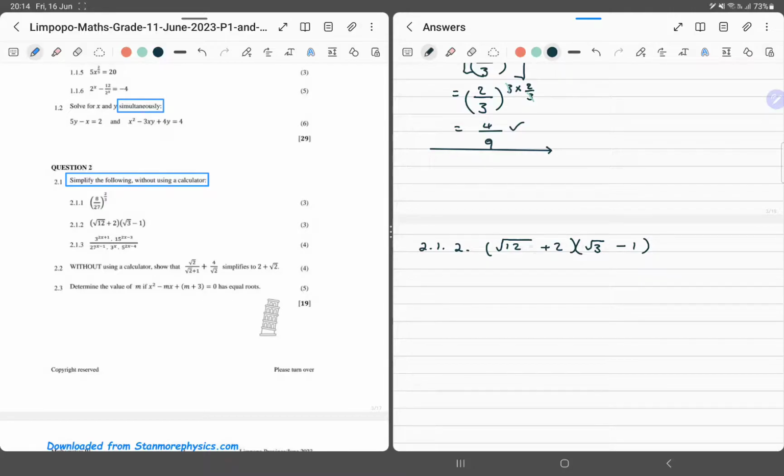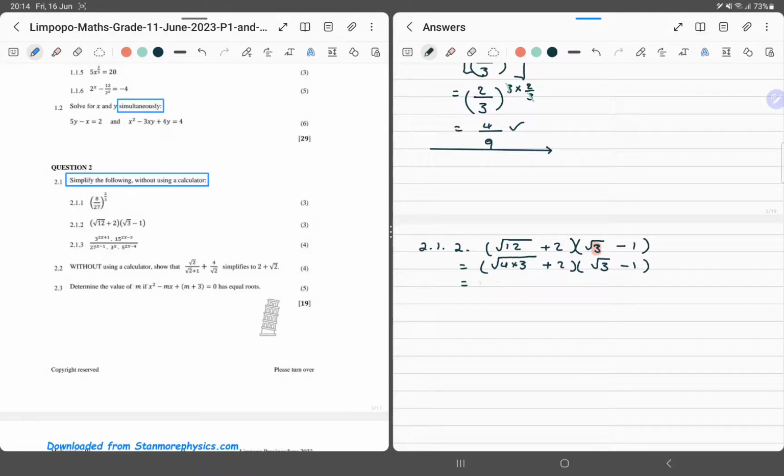This looks like a difference of 2 squares if you look at it, but let's see. The square root of 12 is basically the square root of 4 times 3, because our key is this: we want to make 3 appear somewhere in the other expressions. This is now the square root of 3 minus 1.